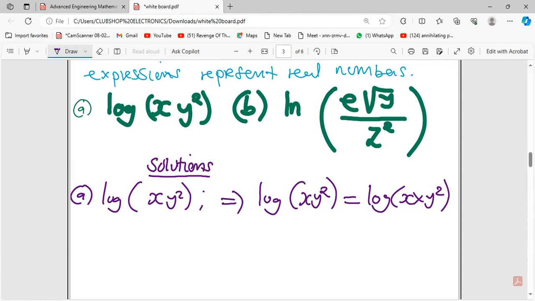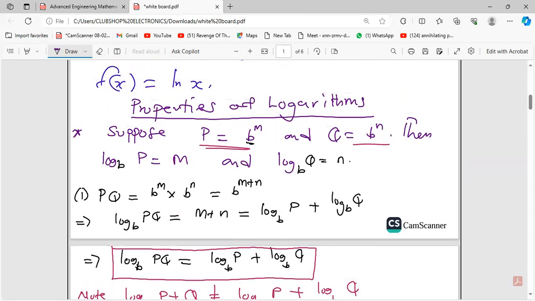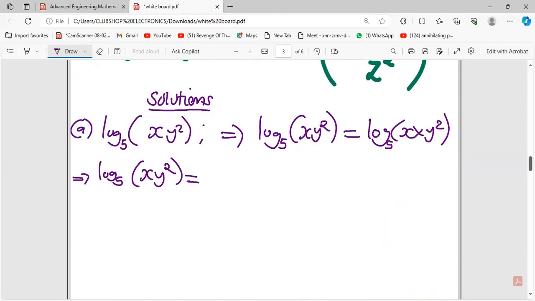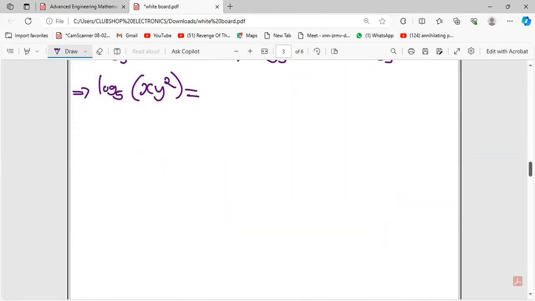So this implies further that the log of base 5 of xy squared is equal to, by the first property, since we are multiplying them, we are going to add.